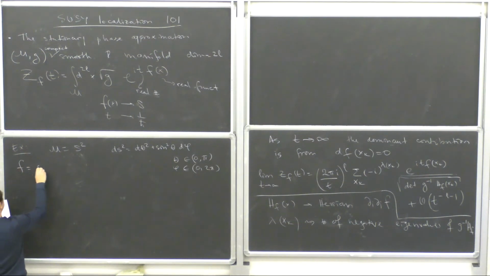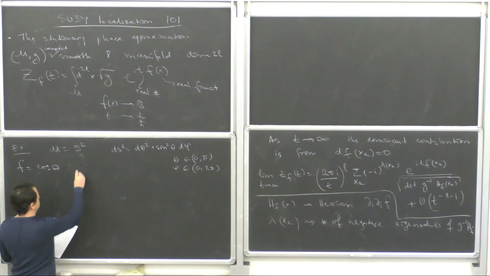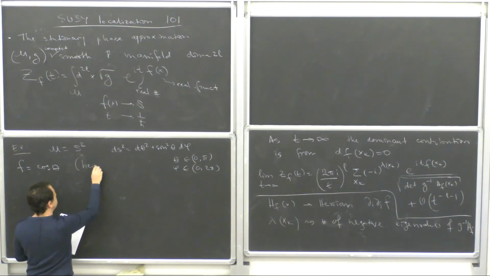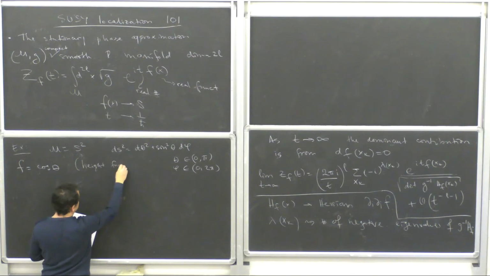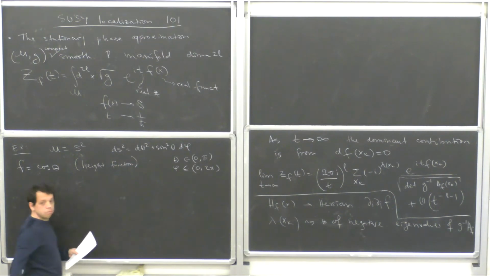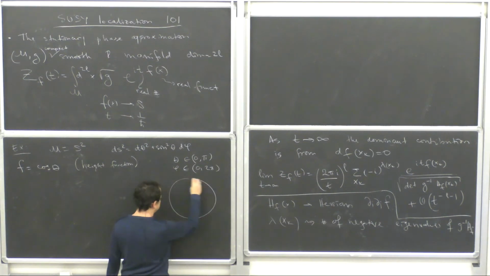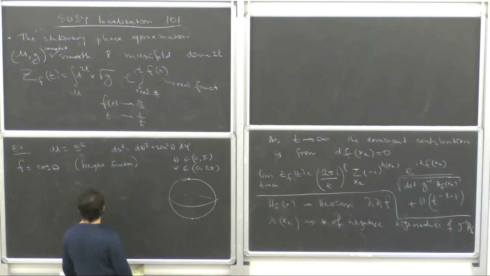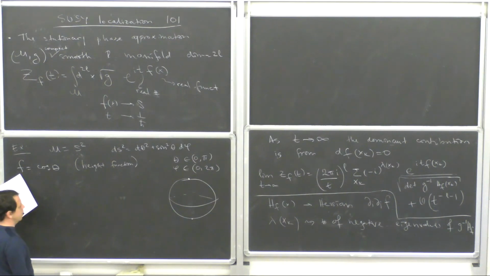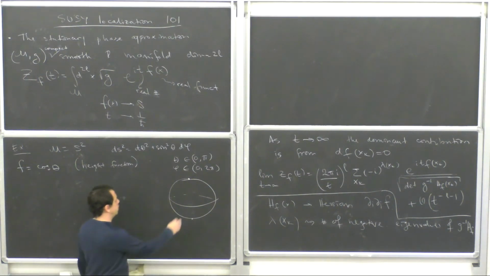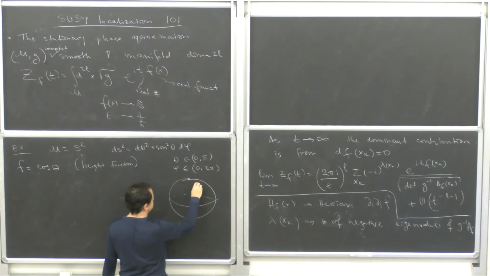And I choose this function, f, cosine of theta. This is also called, if you know about Morse theory, the height function. If you think of a sphere, there's the South Pole and the North Pole, and whatever my convention, at the North Pole this is -1, and then it changes.